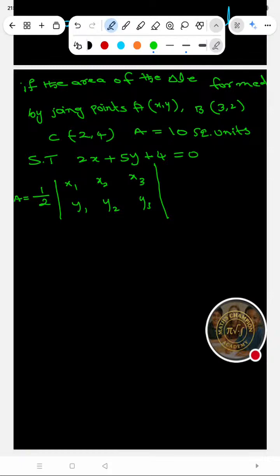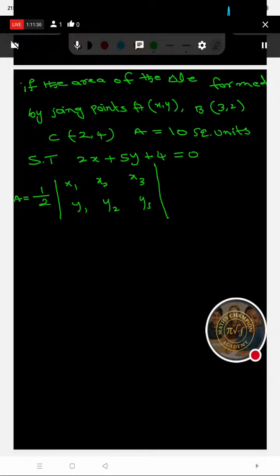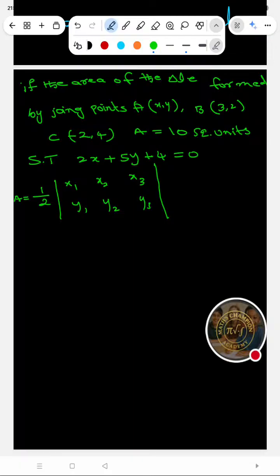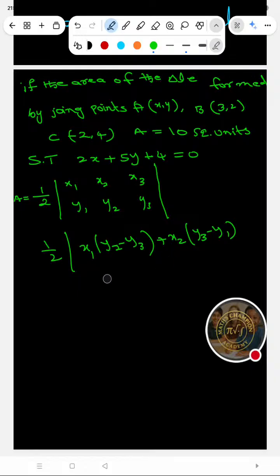Otherwise you can also write this as 1 by 2 [x1 (y2 minus y3) plus x2 (y3 minus y1) plus x3 (y1 minus y2)].